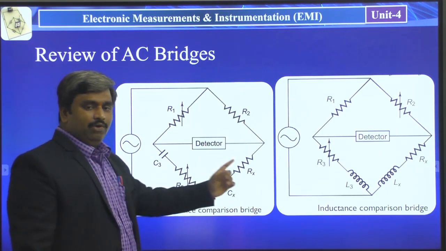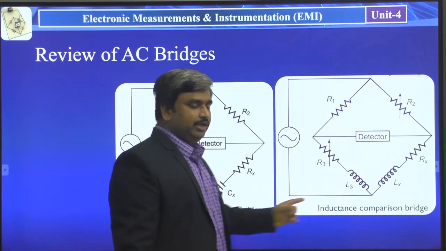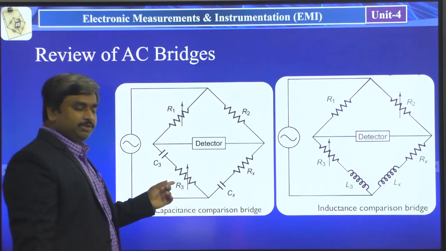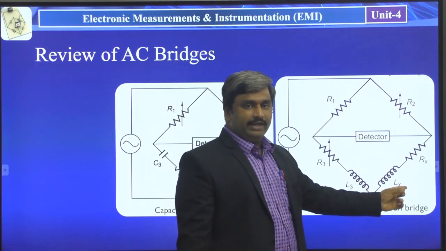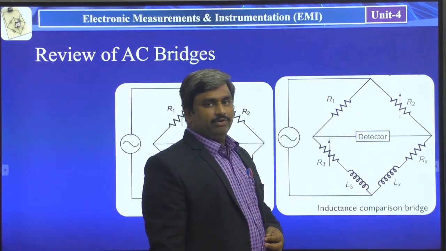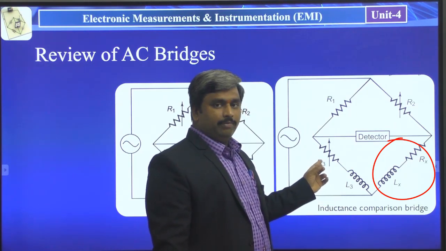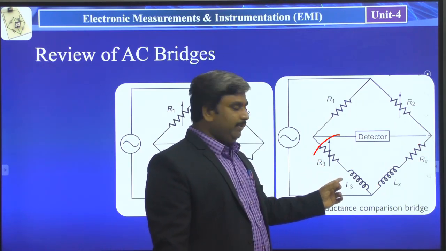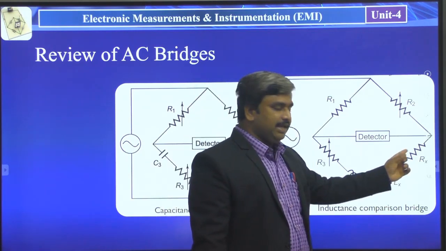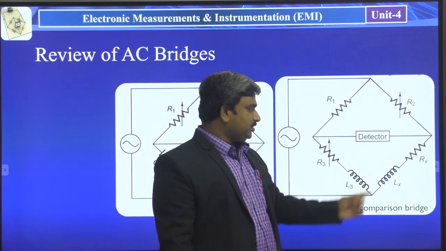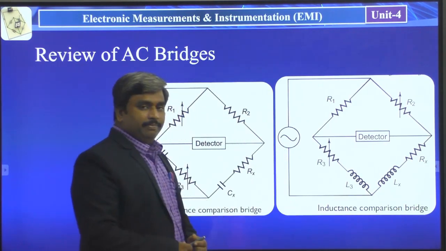In the same way, in the inductive comparison bridge, in place of the capacitors C3 and CX, we have taken L3 and LX components. The third arm resistance R3 is available with the L3 component, and the LX component has some internal resistance RX. So this is the inductance comparison bridge.